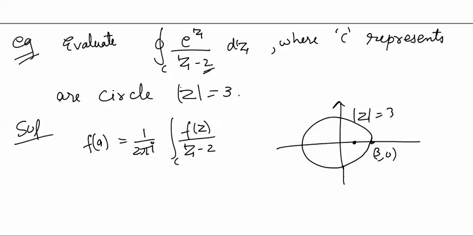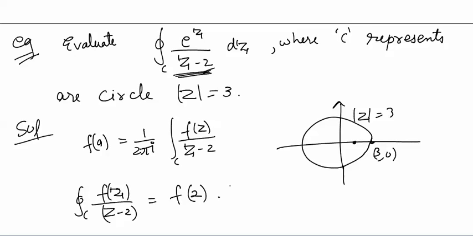So you want this value, so you want integral over closed curve C f z upon z minus 2, which will be nothing but f of 2 into 2 pi I, right? Now what is f z?